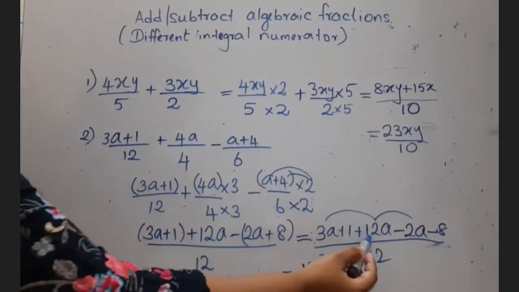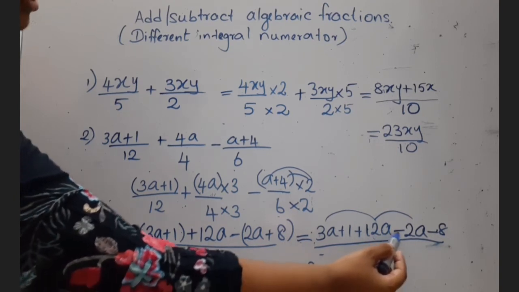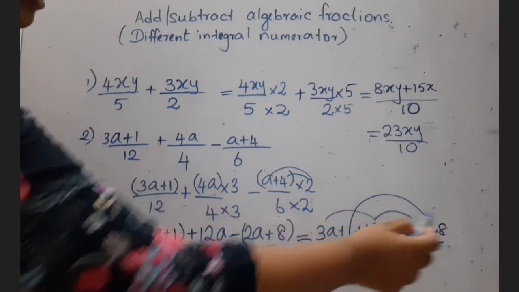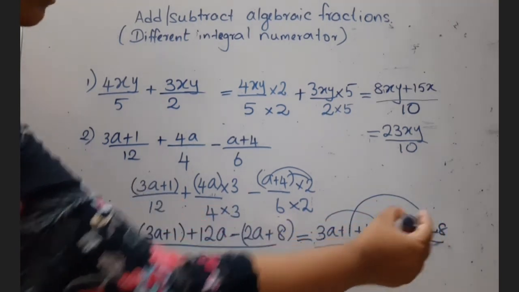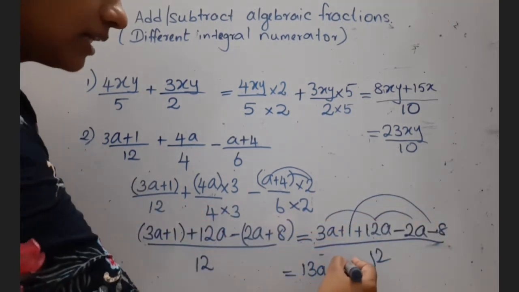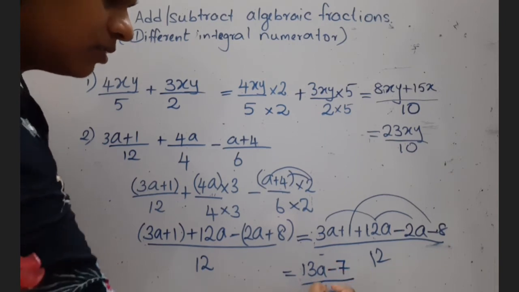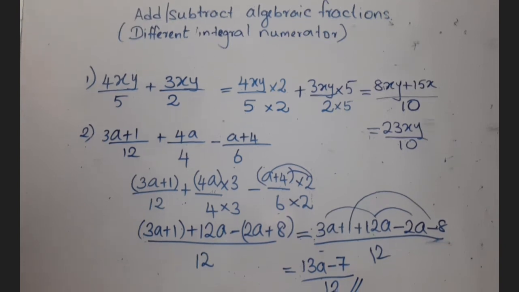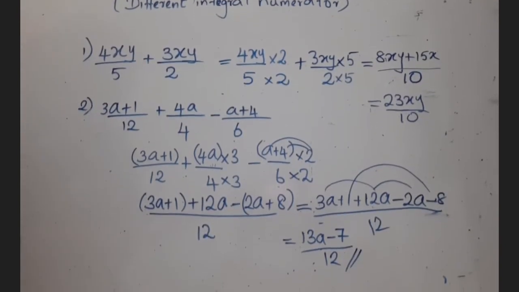So 3 plus 12 is 15, 15 minus 2 is 13a. Then we have 2 numbers here, positive 1 and negative 8, which becomes negative 7. So this is your final answer. Can you see that? Okay.